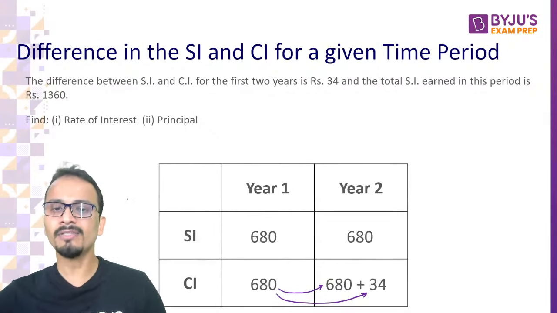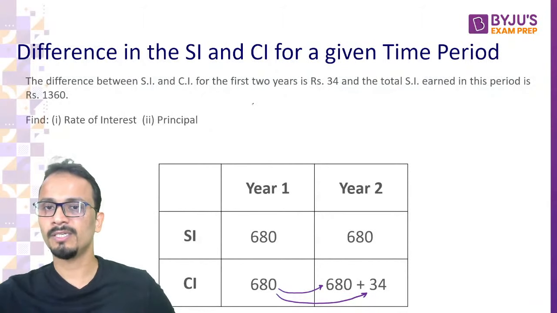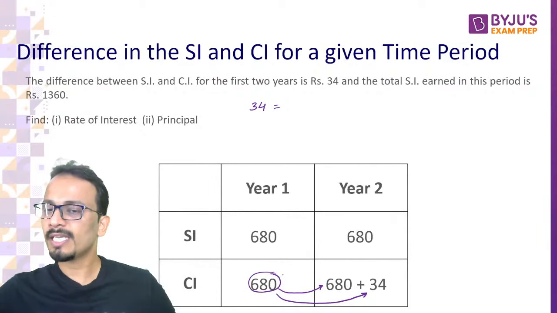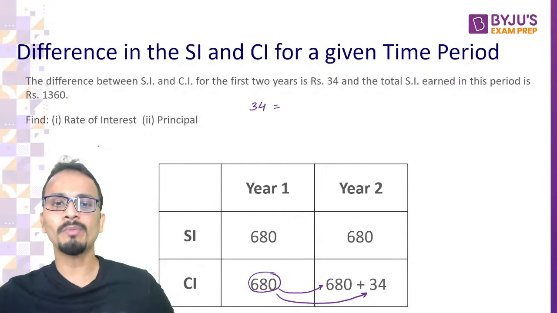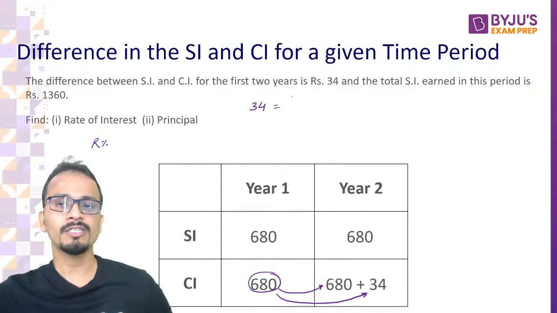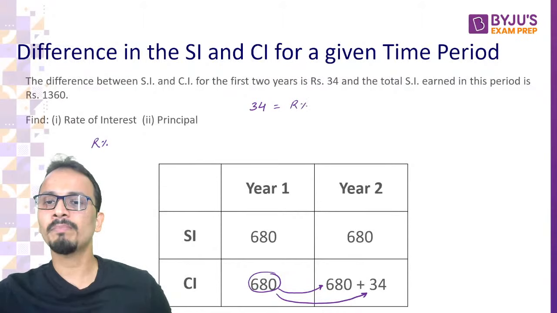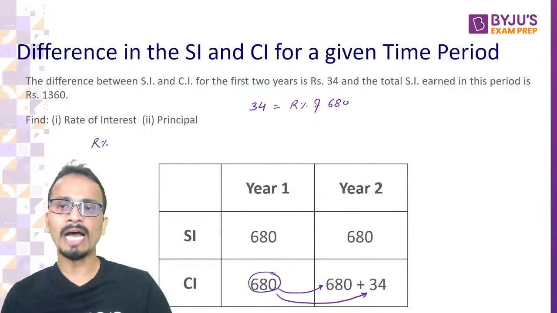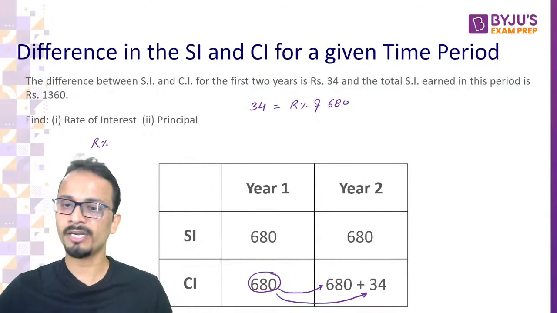So I can say that these 34 rupees are nothing but interest calculated on 680 rupees at what percent? At R percent. So we can write 34 as R percent of 680.